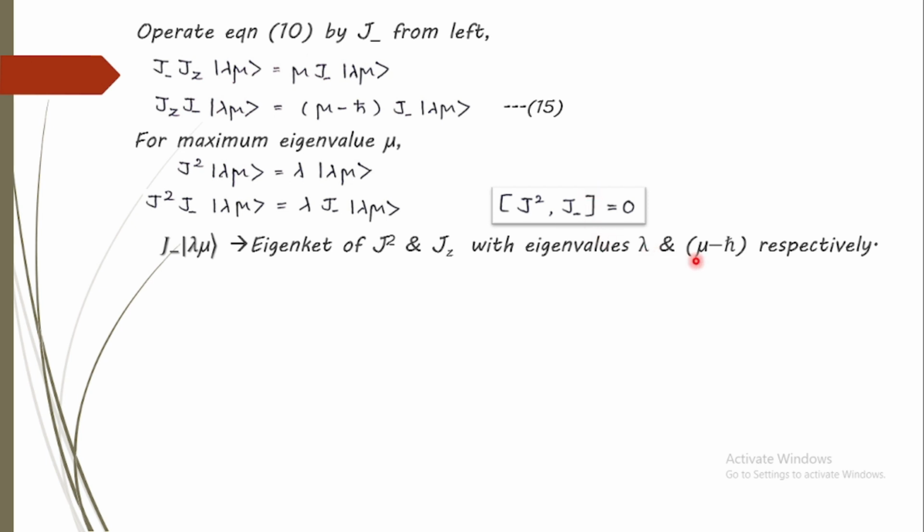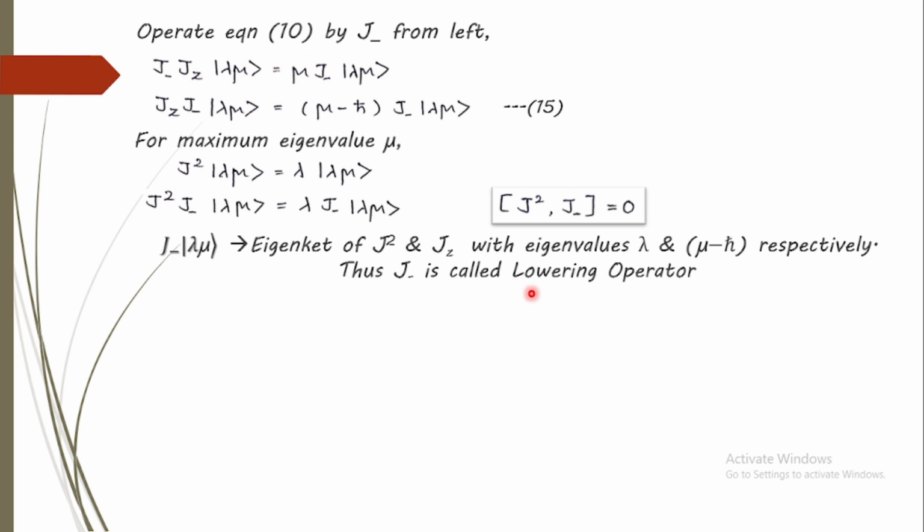Here we clearly observe that when we operate with the j minus operator, the eigenvalue has lowered, or decreased, by a value of h cross, and that's why j minus is called the lowering operator. So j plus increases the eigenvalue by h cross, whereas j minus decreases the eigenvalue corresponding to the z component of angular momentum by h cross.